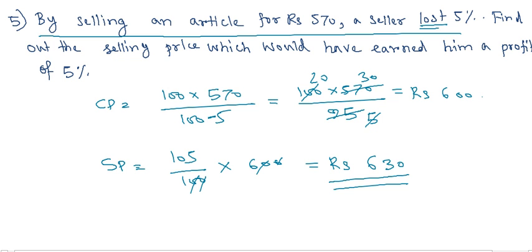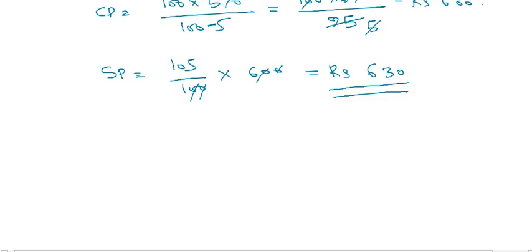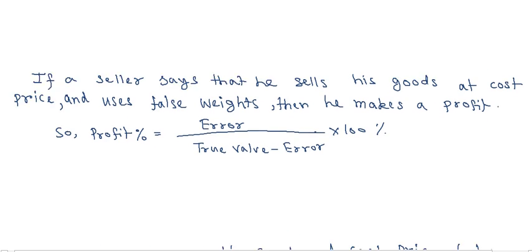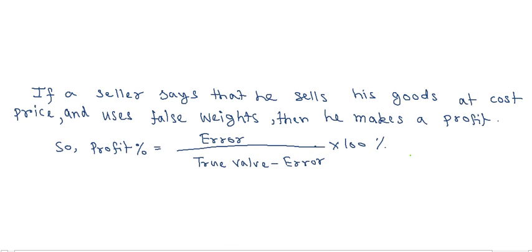Now let's move on to another important concept, that is false weights. Suppose a seller says that he sells his goods at cost price and uses false weight, then he makes a profit. Definitely he will be making a profit as he is using false weights. So profit percent will be equal to error, that is the difference in weights, divided by true value minus error, into 100%.